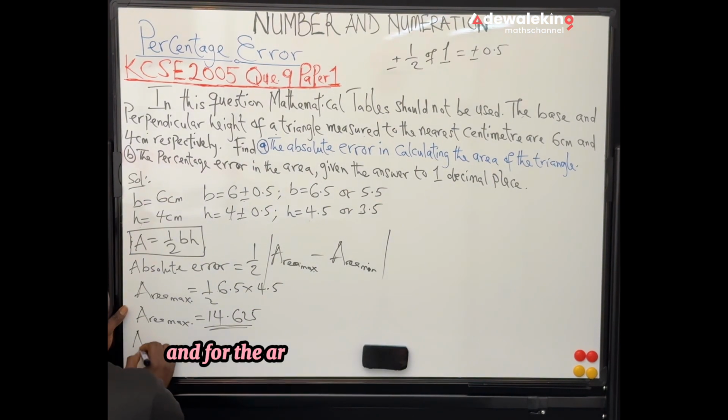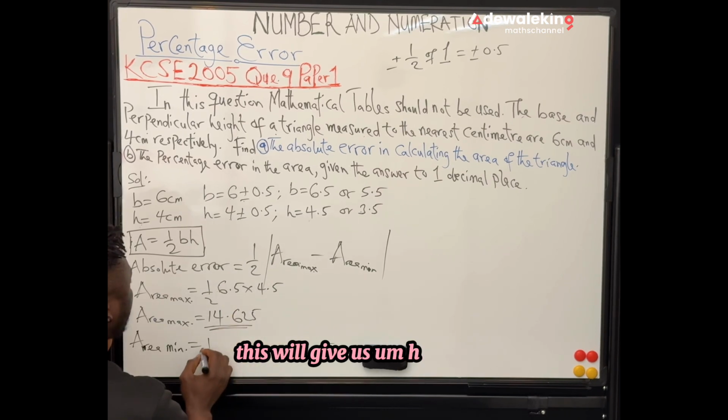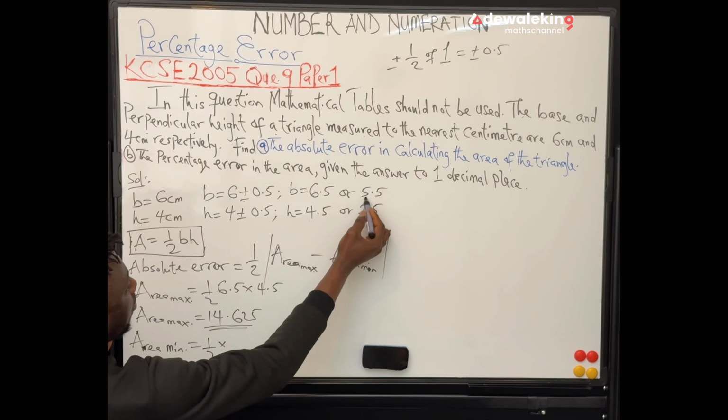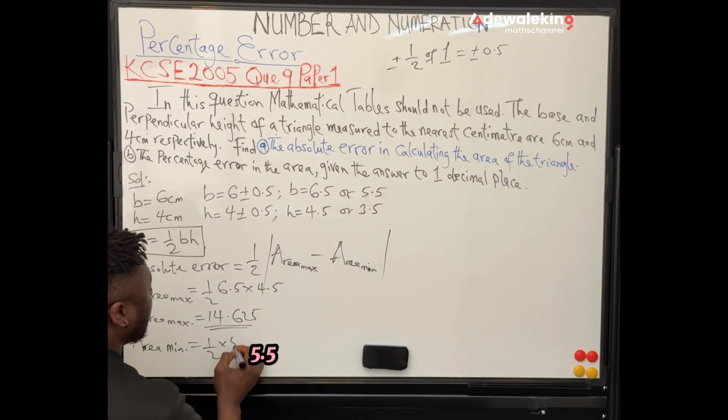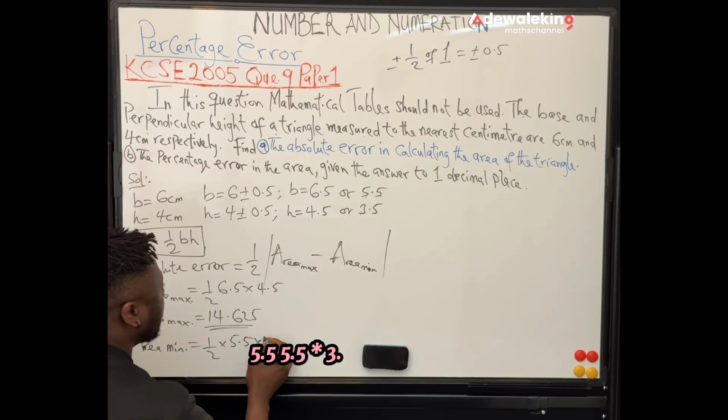And for the area for the minimum, this will give us half times 5.5 times 3.5.